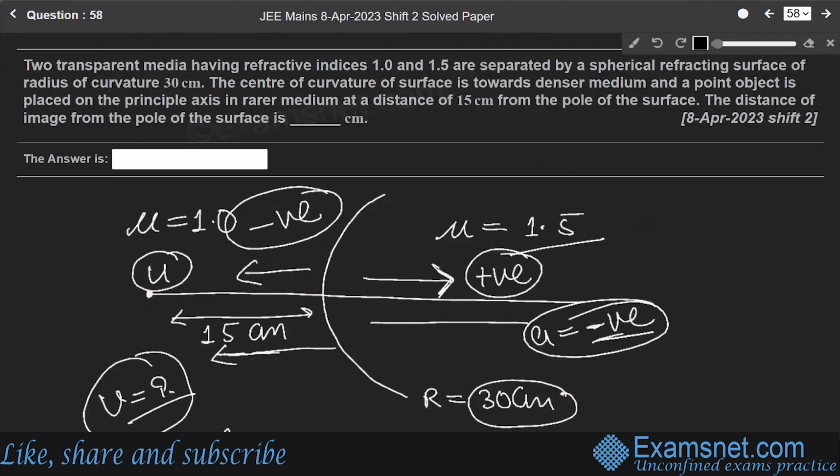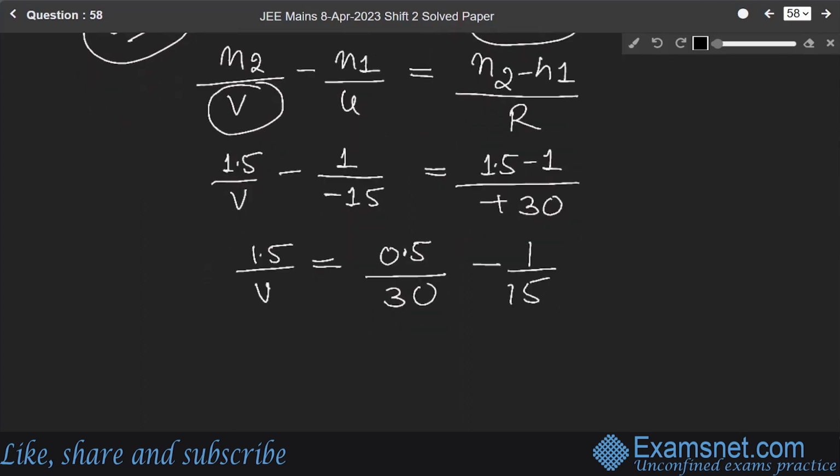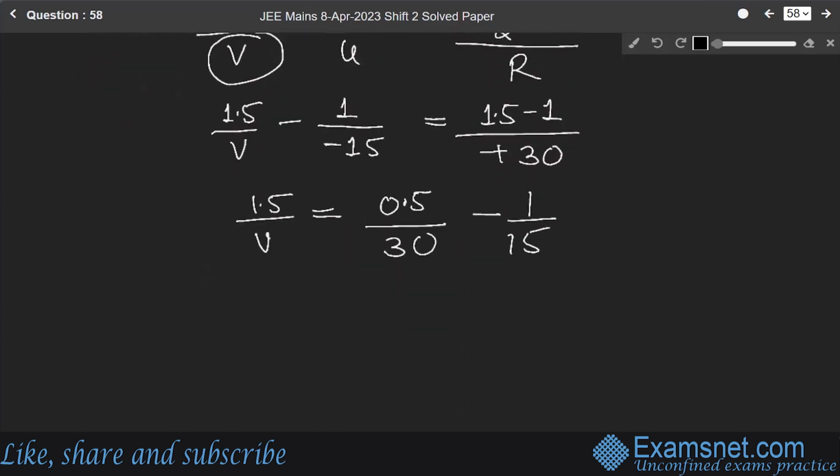Okay, got it? Now solving this, we get 1.5 over V equals 1.5 minus 1, 0.5 over 30 minus 1 over 15. Got it? So we get 30, 0.5 minus 2.